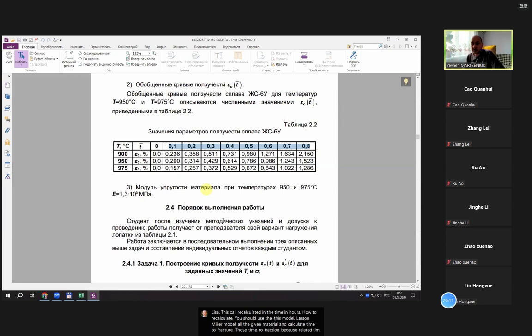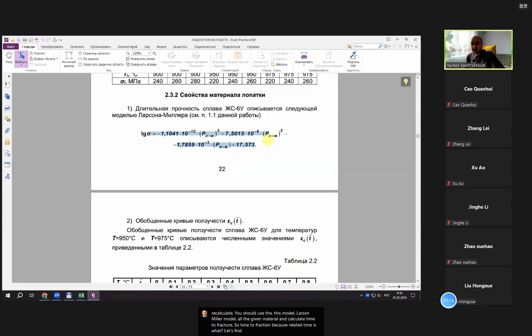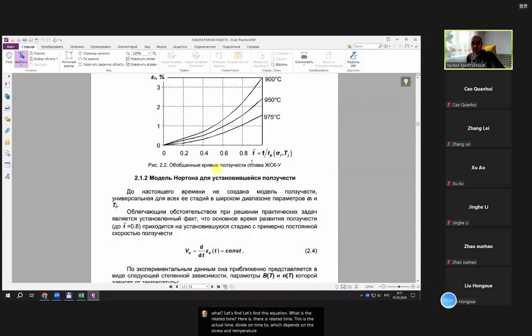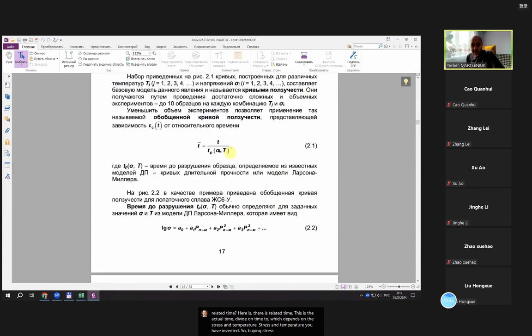Let's find this equation. Here is relative time. This is the actual time divided by time to fracture, which depends on the stress and temperature. Stress and temperature you have in the variant. So by stress and temperature, applying the Larson-Miller model, you can calculate time to fracture, and then by the relative time and time to fracture, you can find the time in hours.